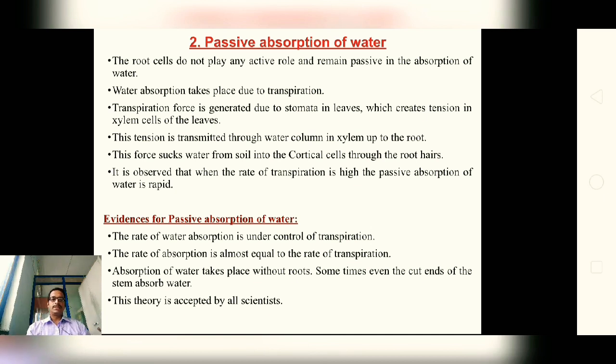This tension is transmitted through the water column in the xylem up to the root of that plant. This force sucks the water from the soil into the cortical cells through the root hairs, from the root hairs to the root, and then to the leaf part. When the rate of transpiration is high, the passive absorption of water is rapid. It is a natural process, we can say.